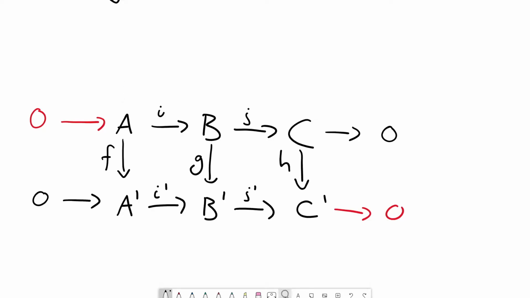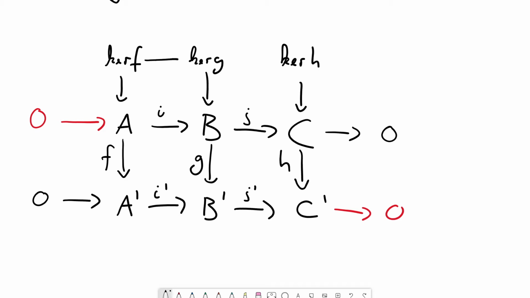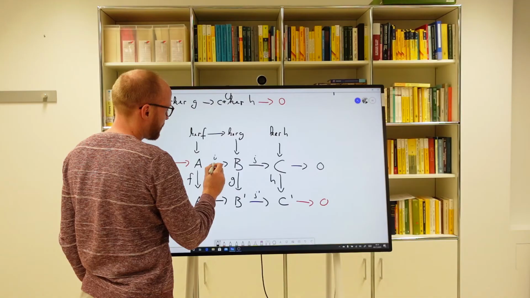This is just the inclusion of the submodule kernel F. And in the same fashion, we've got the kernel of G here, and we've got the kernel of H here. And now this morphism from kernel F to kernel G, this is simply the restriction of I here.